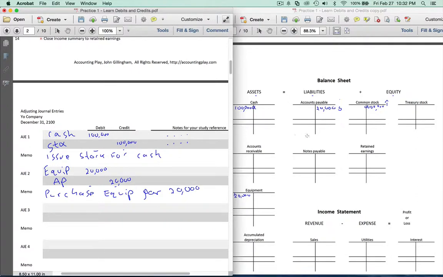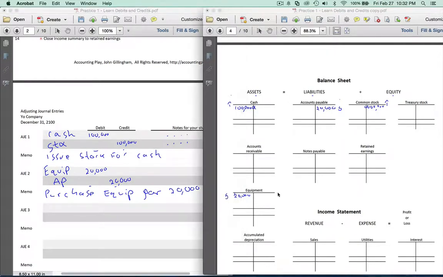Now if it helps, you could also reference this one with journal entries, but we're going to run out of room here. So this common stock, that is kind of tough to see there, but I'm referencing A, all in all being 100,000.